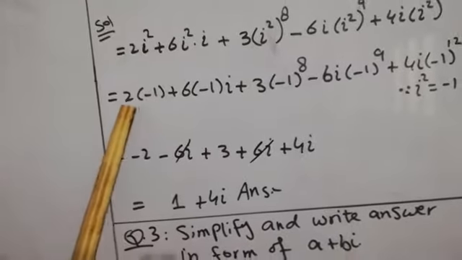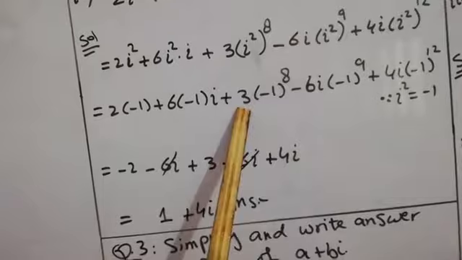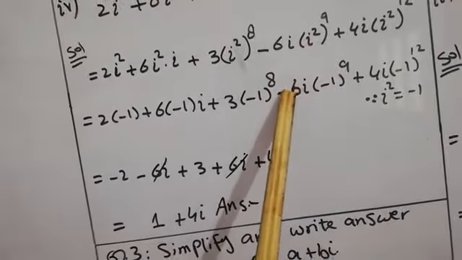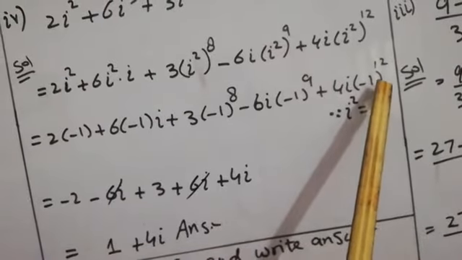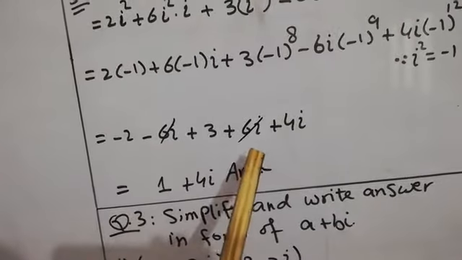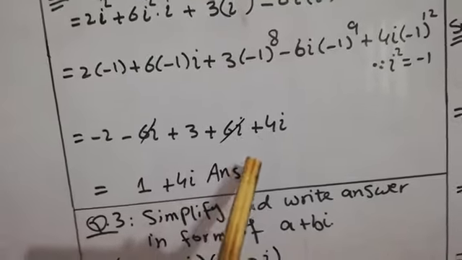Okay, now we will put minus 2 minus 6 iota plus 3 because this is even, plus 6 iota, and this will become plus 4 iota. Minus 6 iota plus 6 iota will cancel each other. 3 minus 2 is 1 and plus 4 iota.